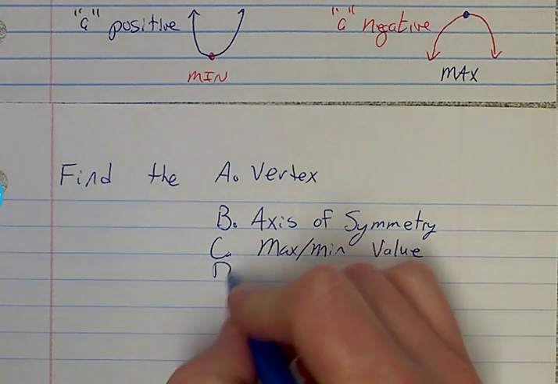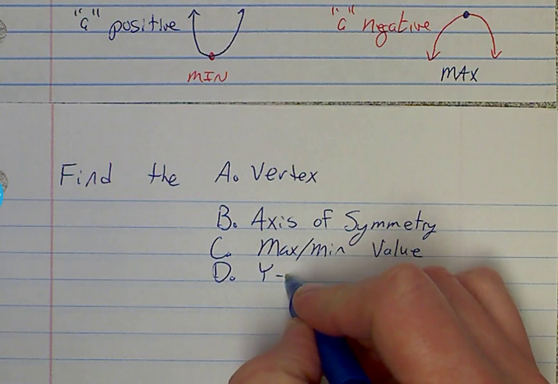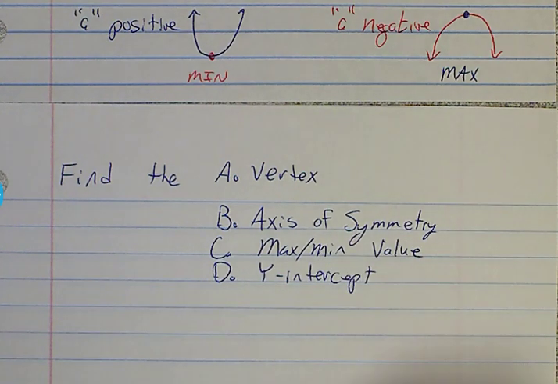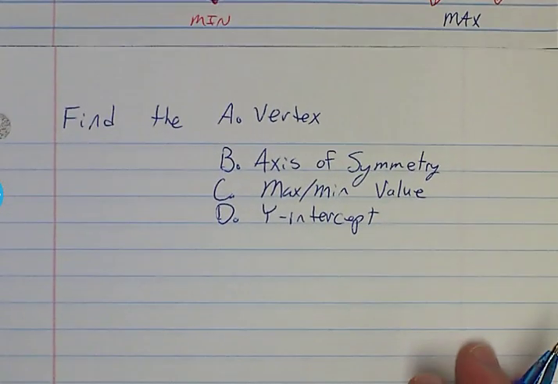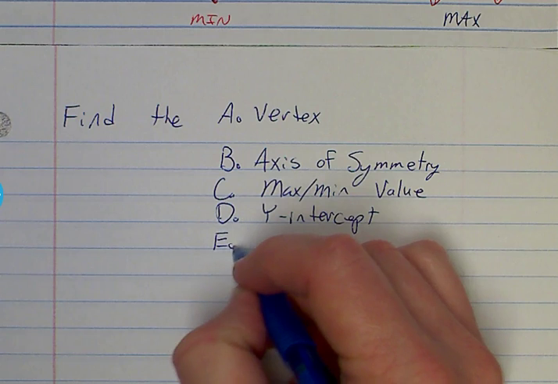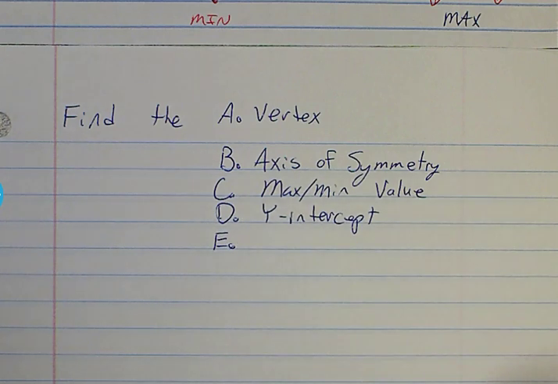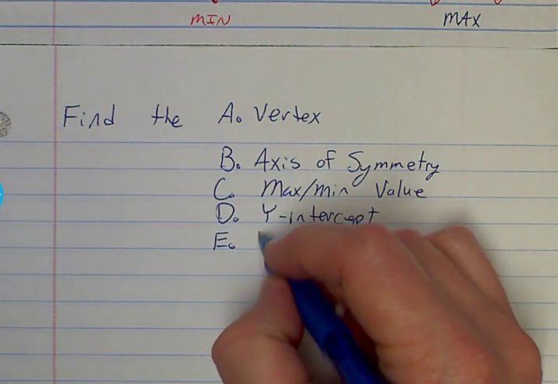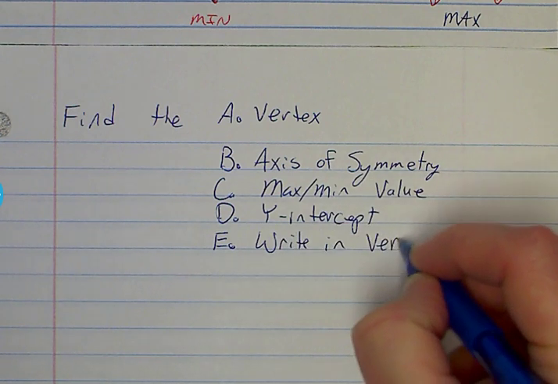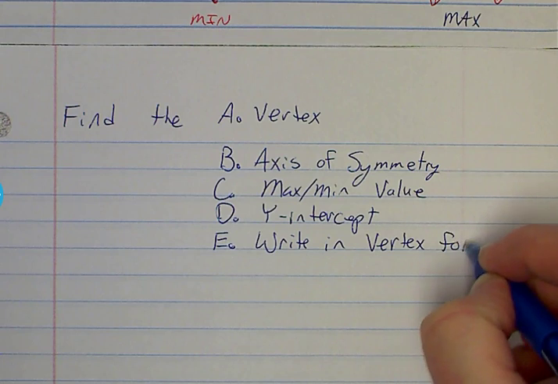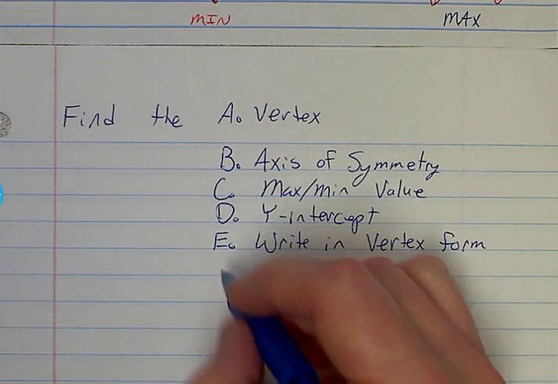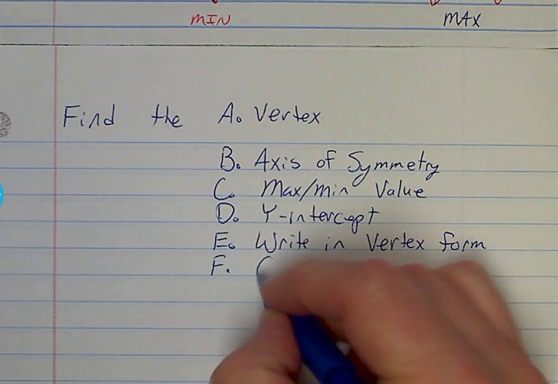Let's find the y-intercept. Let's do one other thing here. Let's write this one in graphing form. Or I think they call it vertex form. And then finally, we're going to graph this thing.